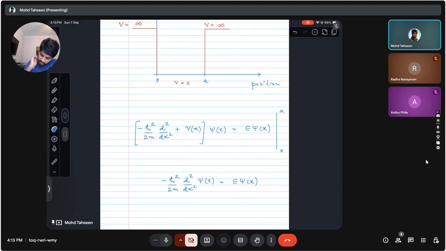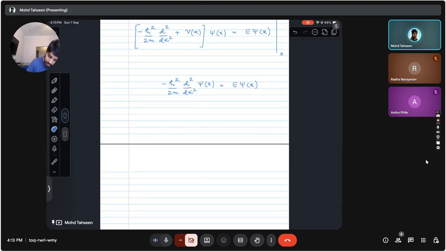And if we rearrange the terms a little bit, we find that the second derivative of psi of x should be minus 2mE divided by h cross squared times psi of x.